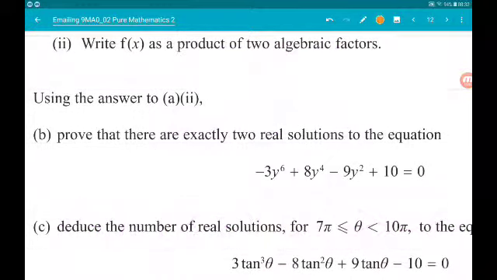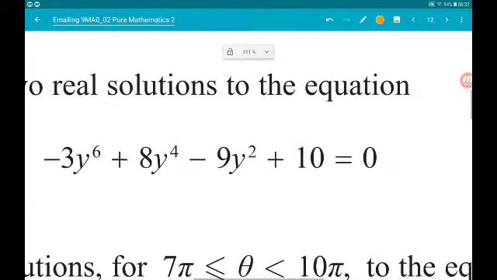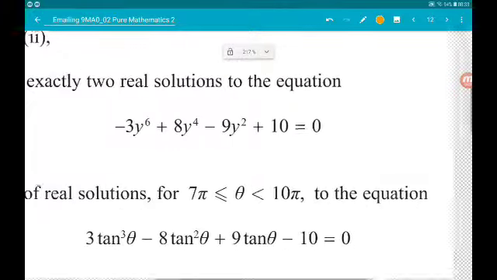Okay, then for part B, using the answer to A part 2, we want to prove that there are exactly 2 real solutions to the equation minus 3y to the 6 add 8y to the 4 minus 9y squared add 10 is equal to 0.